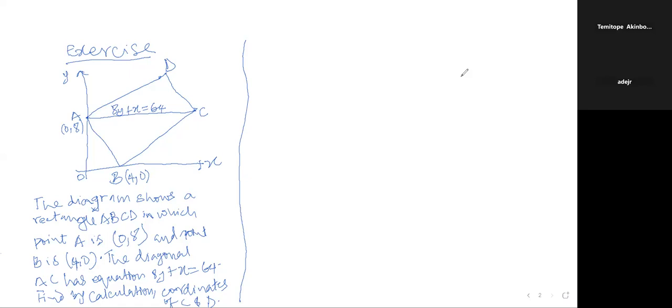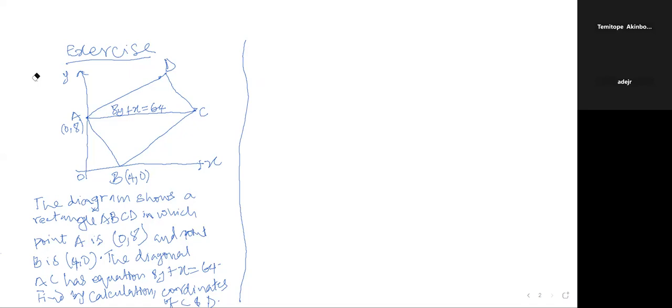Now, the first thing of note is the shape. You can see that the question says the shape is a rectangle. And you know quite all right that for a rectangle, there are some properties that you must know.